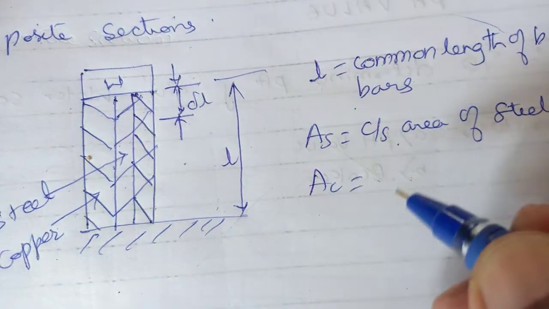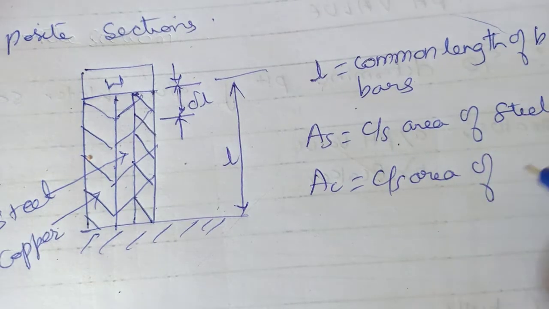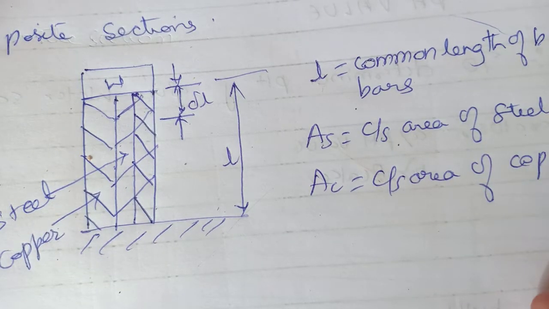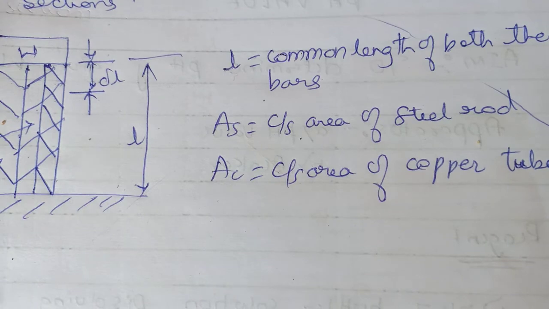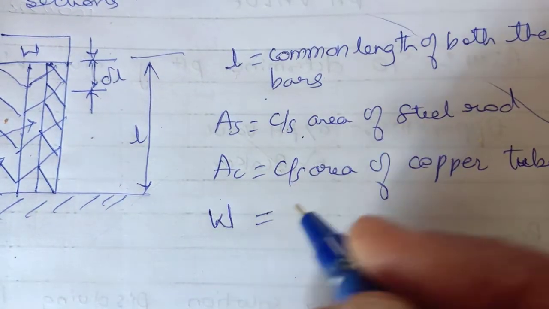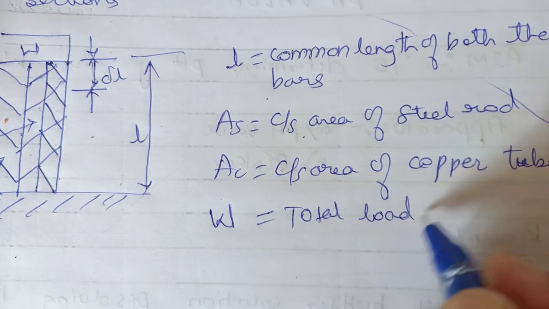AC will be cross-sectional area of copper tube. Capital W will be total load on the bar.